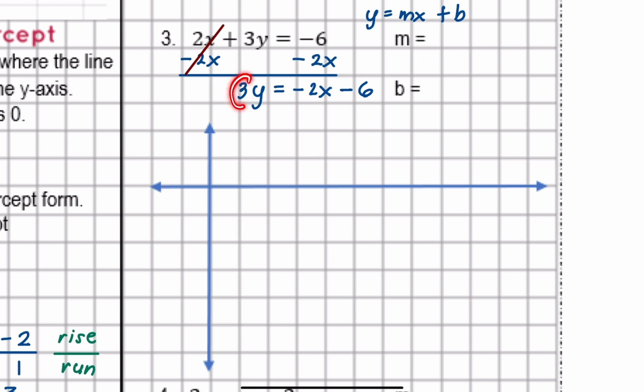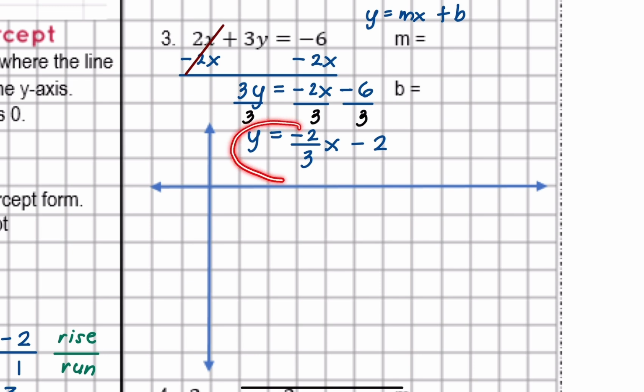Now, since we have a coefficient here of 3, we have to divide all of the terms from left and right sides of the equation by 3. Okay? So 3 divided by 3 is simply 1, or just y, is equal to negative 2 divided by 3 is just negative 2/3 x, and then negative 6 divided by 3 is negative 2.